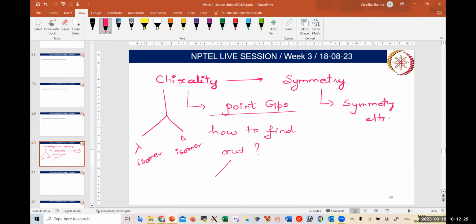So here we got to know that the chiral point groups generally belong to either Cn or Dn. They should not be having an improper axis of rotation symmetry element.